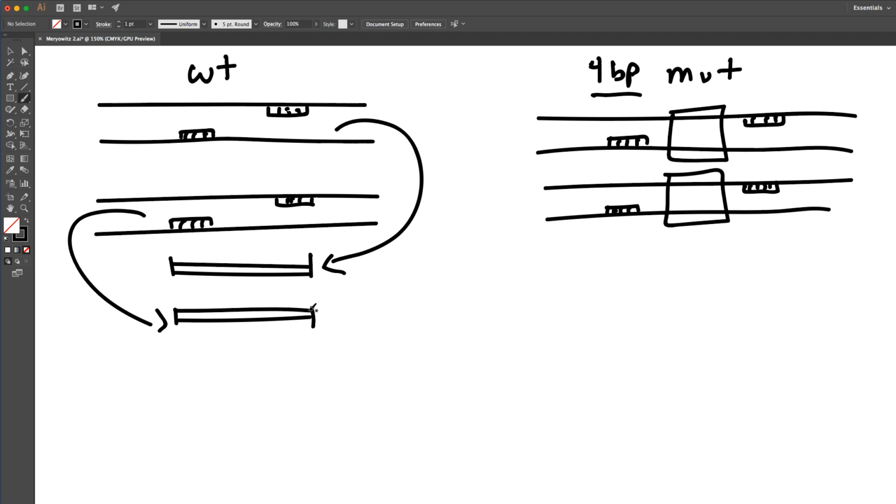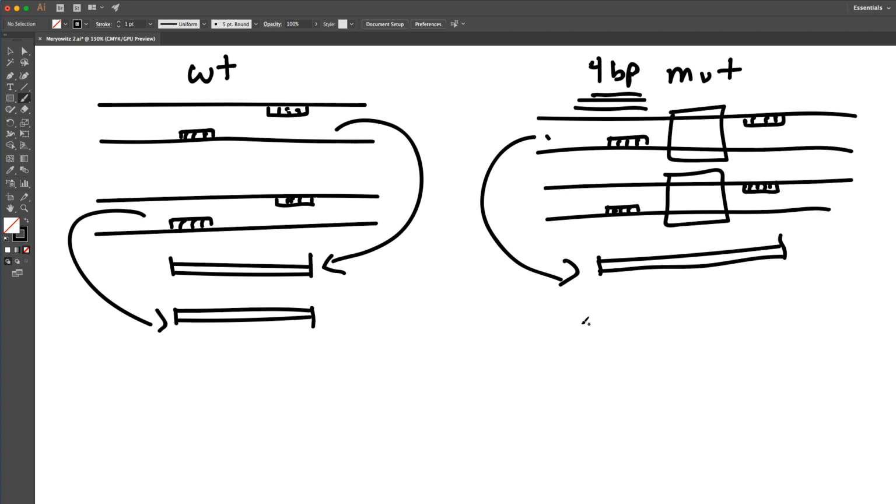When you amplify the DNA from an individual who's afflicted with the molecule that has the 4 base pair inserts, well, you're going to do the exact same thing, and you're going to amplify the DNA sequence that's in between and including the PCR primers.